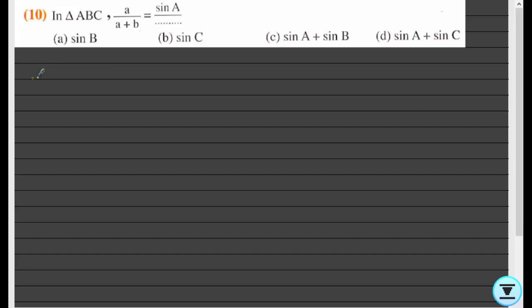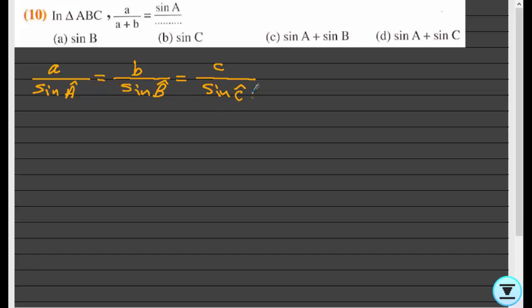Question number 10. In triangle ABC, a over a plus b equals sine A over blank. So we know that a over sine A equals b over sine B equals c over sine C. C is the measure of the angle C. Now we'll use the first two ratios.